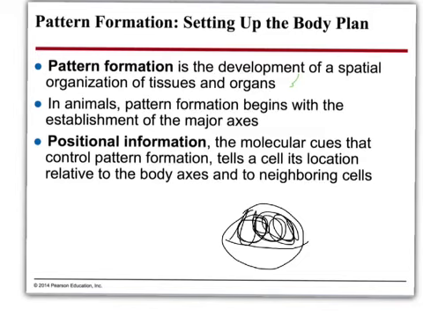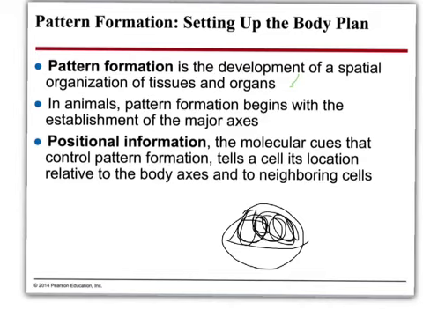All right? So pattern formation, development of a spatial organization of tissues and organs. It's dependent upon knowing what's top, what's bottom, what's left, what's right. So you have that positional information which is determined by molecular cues. So what within the egg will help determine what's front, what's back, what's left, what's right, what's top, what's bottom? Gene expression, those cytoplasmic determinants that have been produced, right? Those transcription factors that are present on one side and a higher population on one side than the other.